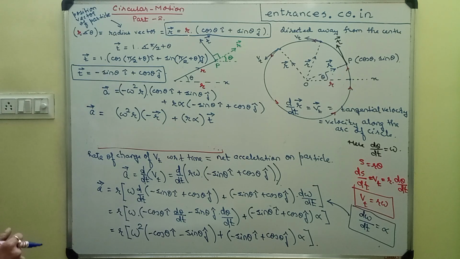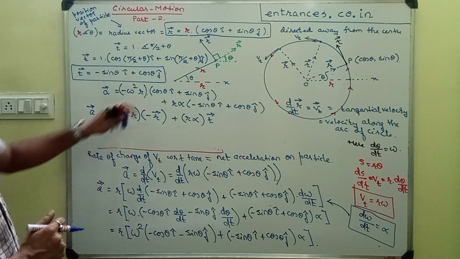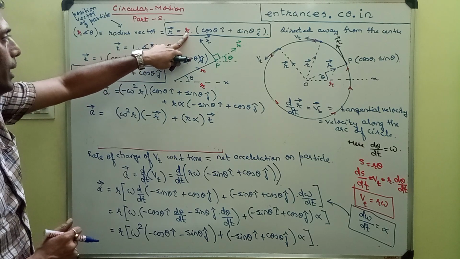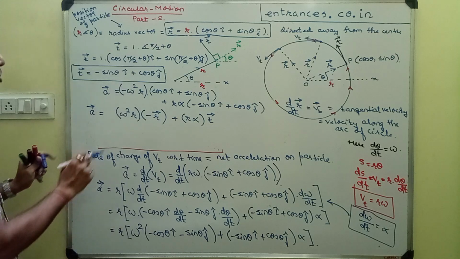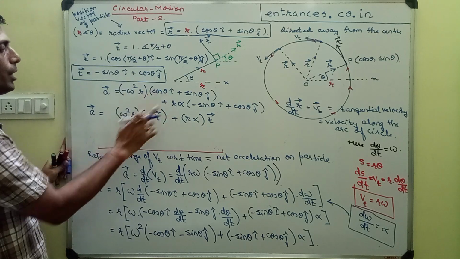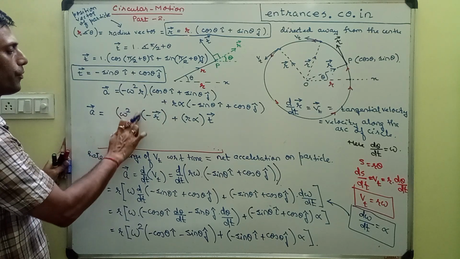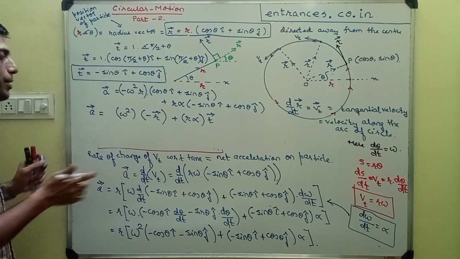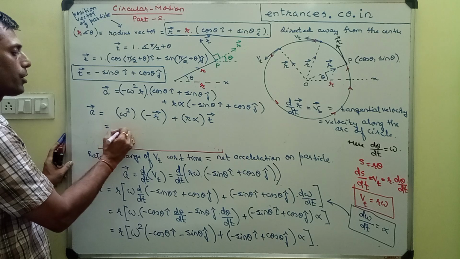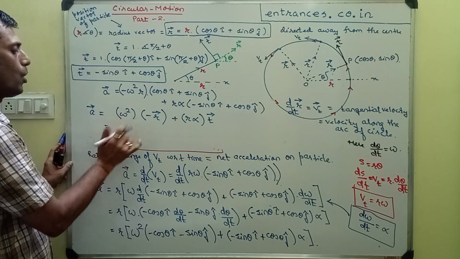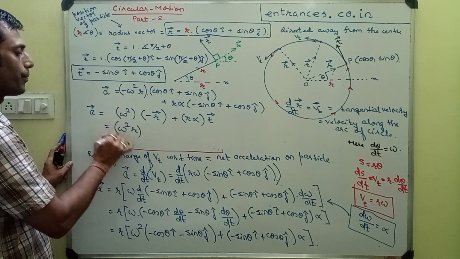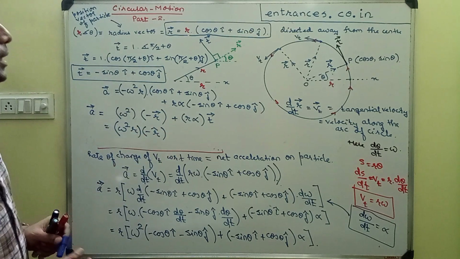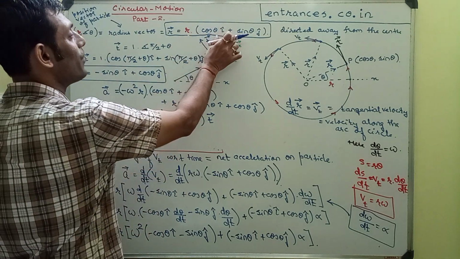Yes, I remember we had changed this to magnitude of r, and I should consume this r with this to write the minus of r vector. So I will alter this as well. So that means we can write in short that minus omega square r into minus of r cap. How about that? Where r cap is the unit vector.